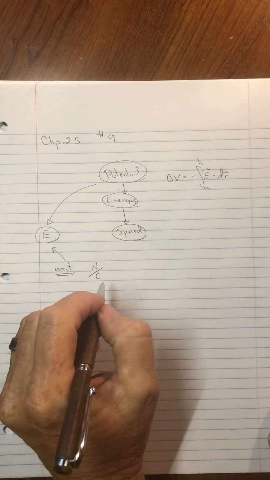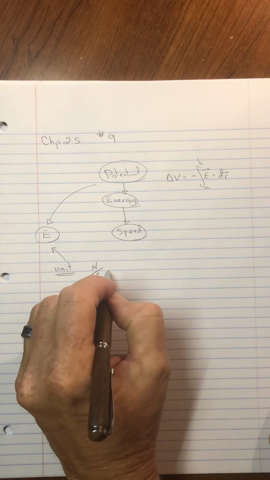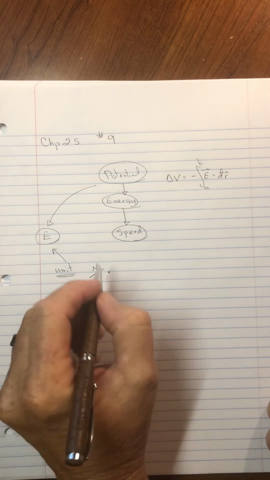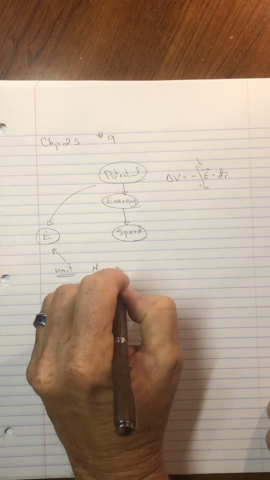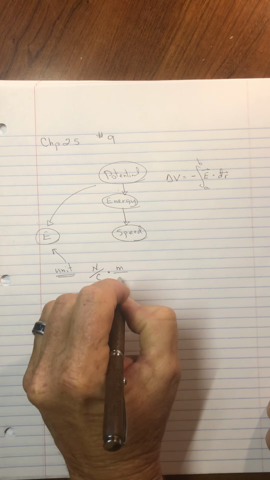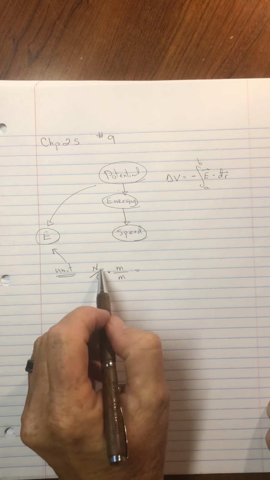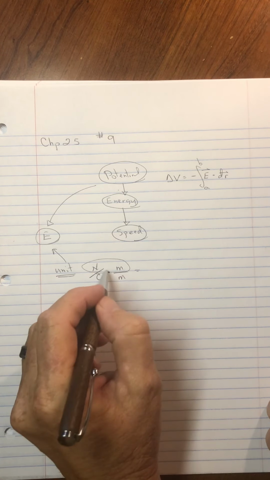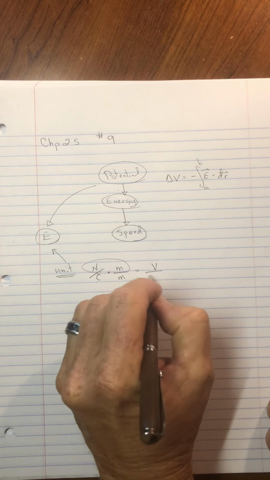You can see it better in this equation, but let me keep focusing here. If I label this with a meter over a meter, then on the top this is a joule: a newton times a meter is a joule, and a joule per coulomb is our unit of volt.